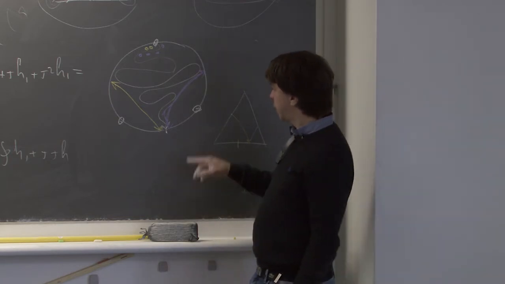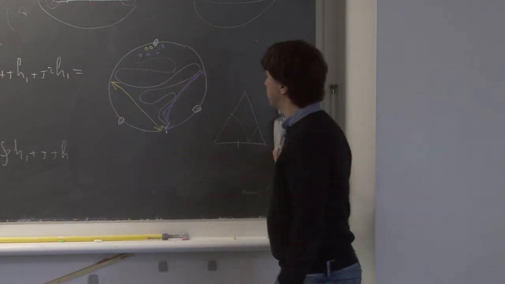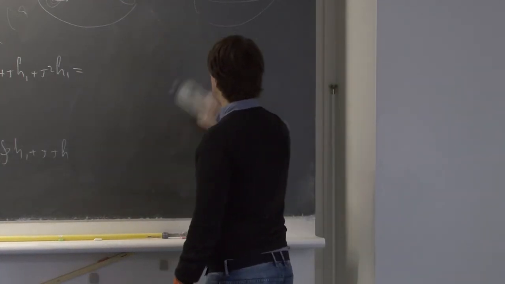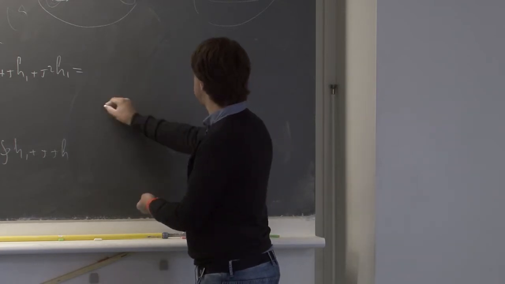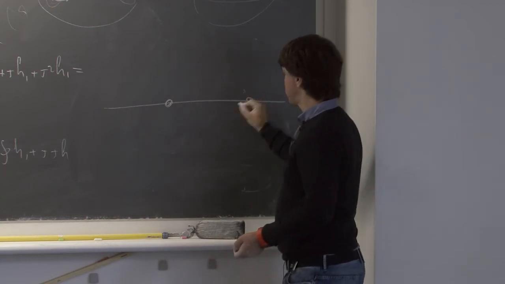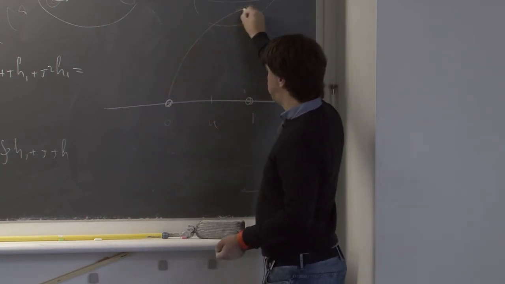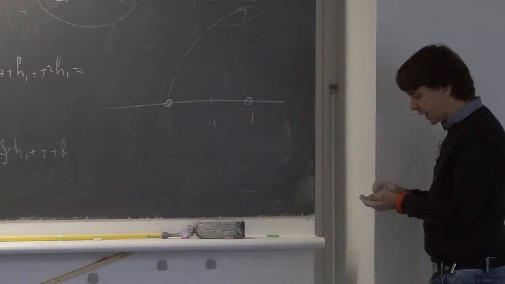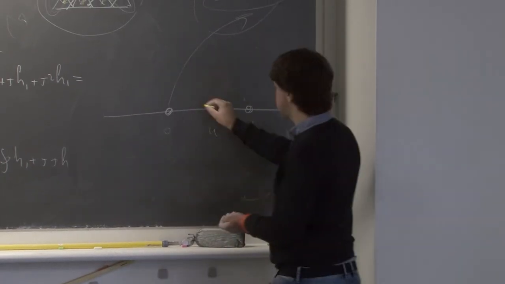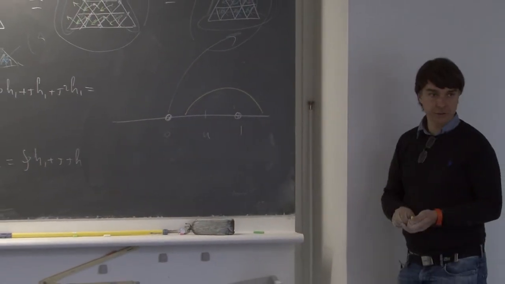So basically, what does Cardy's formula tell you? Let me redraw it one more time. Suppose I'm growing SLE, and suppose I have this picture and I grow SLE to infinity. What does it mean that there is a yellow crossing like this?